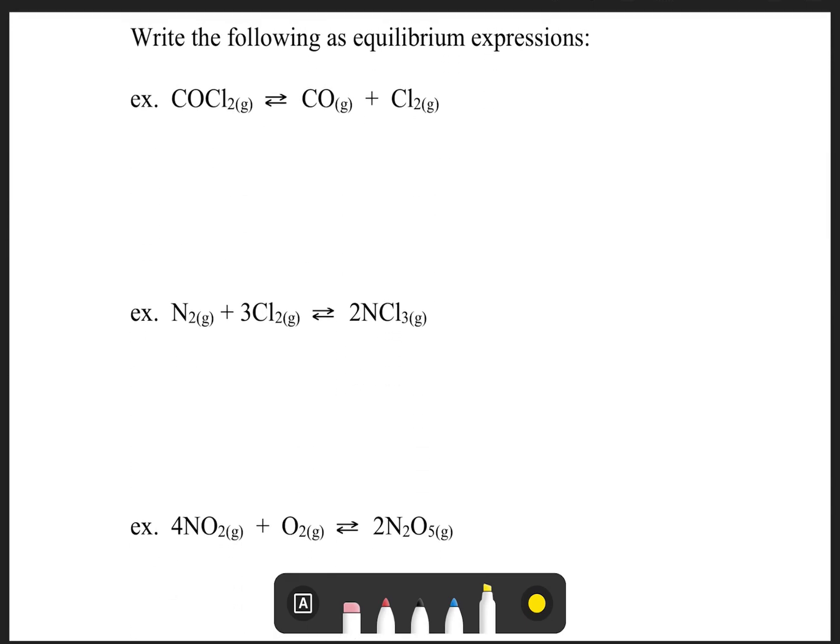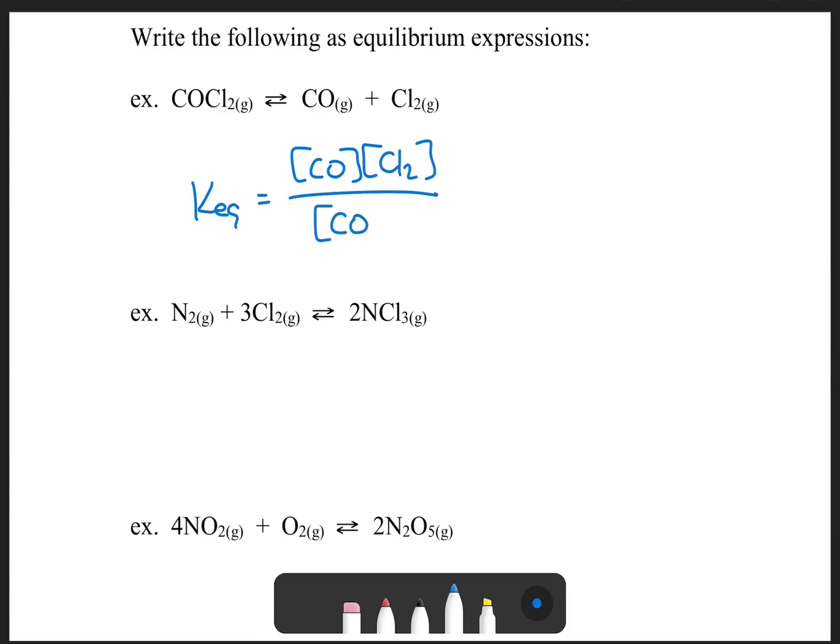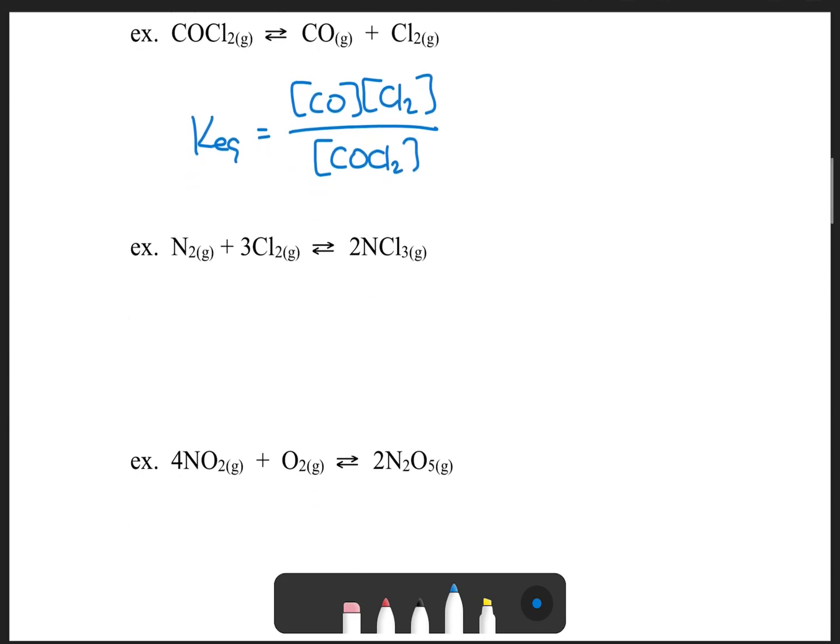Let's write the following as equilibrium expressions. For the first example, products over reactants. Since all of the coefficients are 1, we will not write a 1 as an exponent for the first example.